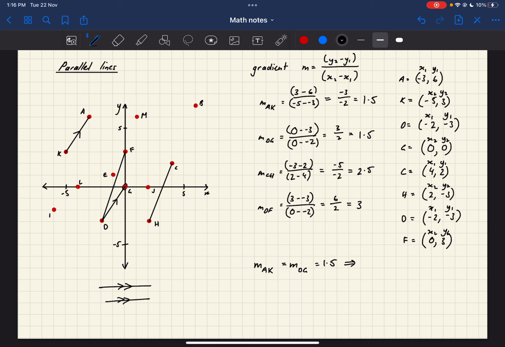This means that AK is parallel to DG. That's what that symbol means: parallel, and then you say AK is parallel to DG. Now, these other ones are not parallel because they have different gradients.